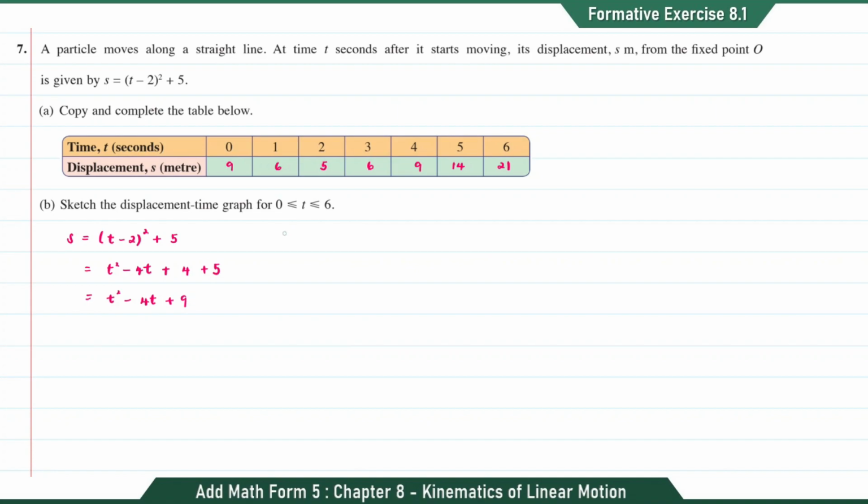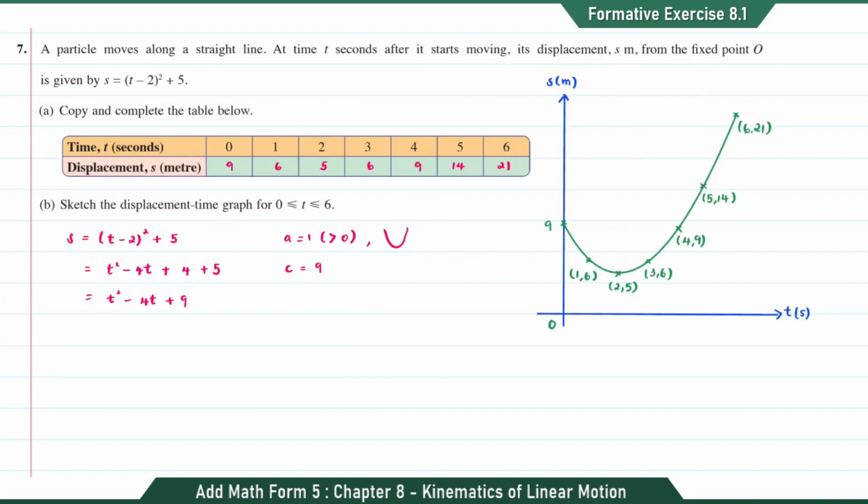So this is a quadratic function with a equal to 1, which is greater than 0, so we're going to get the shape of a smile graph. And the y-intercept, which is c, is equal to 9. And with all the data from the table in A, now we can sketch the displacement time graph. So this is what the displacement time graph looks like.